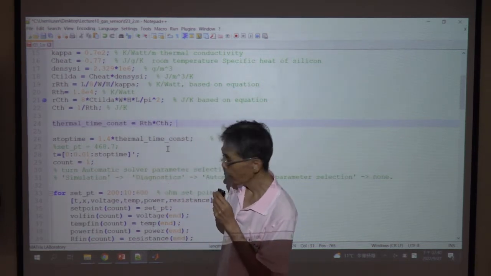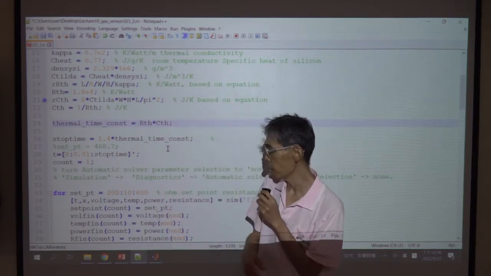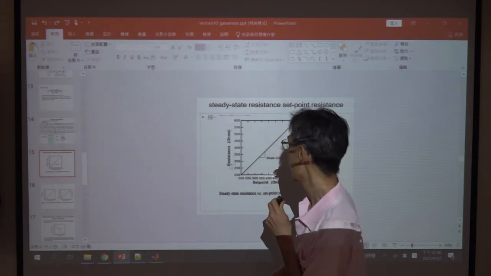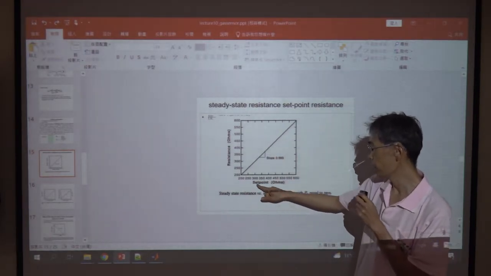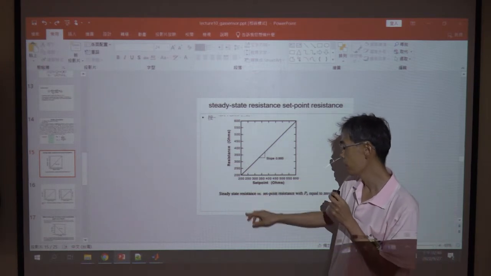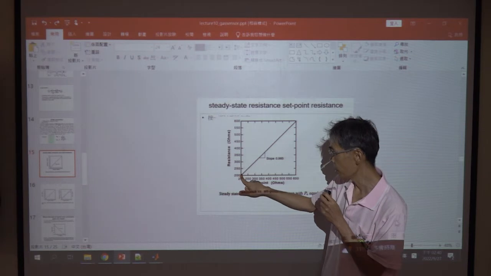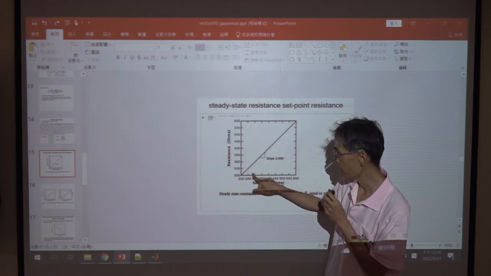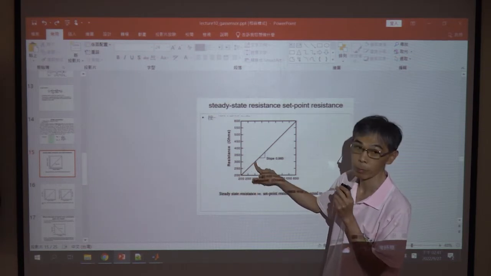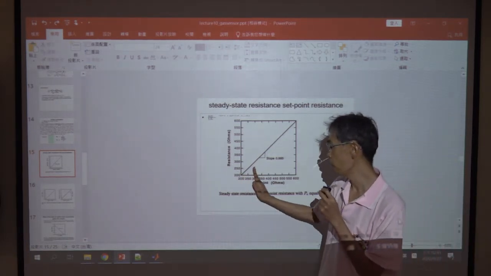Okay, then because I want to go to the PPT, because I want to have the set point from 200 to 600, so I need to run each case. Run this case, get the response. Run this case, get response. Run this case to get the response. So I create a for loop to run several cases.